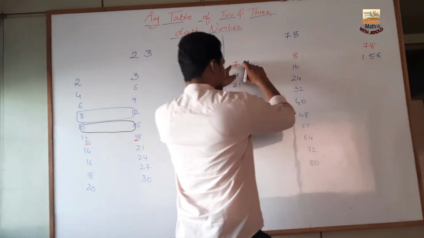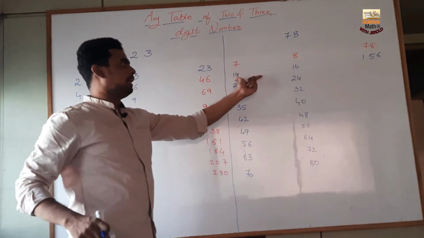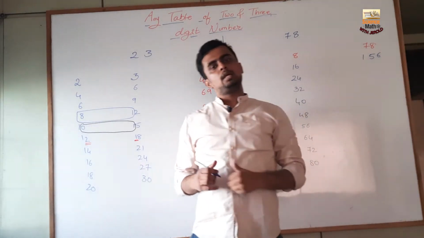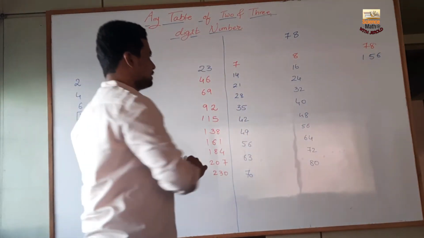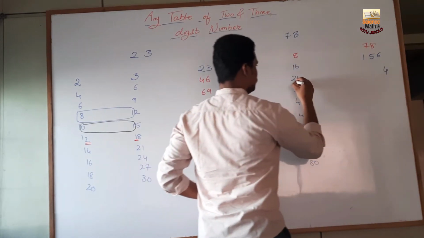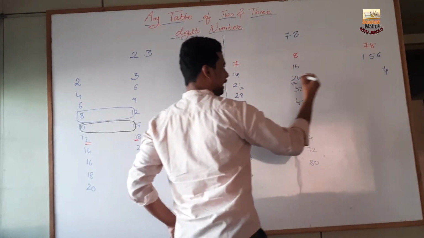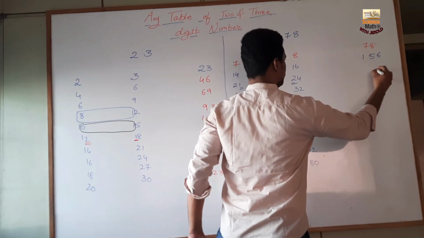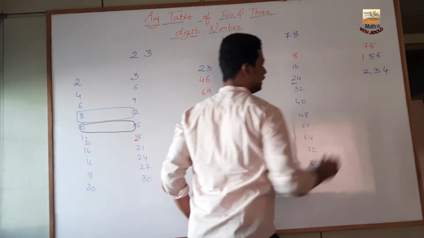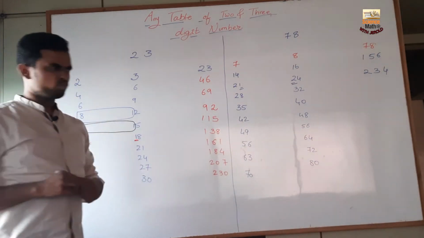So 7 ones are 7, 8 ones are 8, and doing the perfect calculation, I get 78 ones is 156. Similarly, 4 at the end, 2 and 1 will be added, so it will be 3, and then I write 2 as it is, so it is 234.